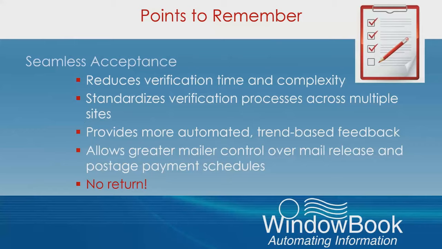It's trend-based. And the parallel process allows you to work on any issues before you go to live full seamless. And again, probably the biggest benefit is that mailers have much more control over the mail release schedules and the postage payment schedules.